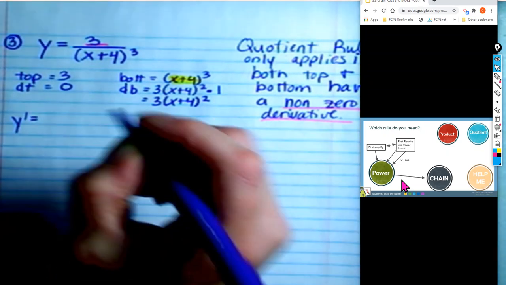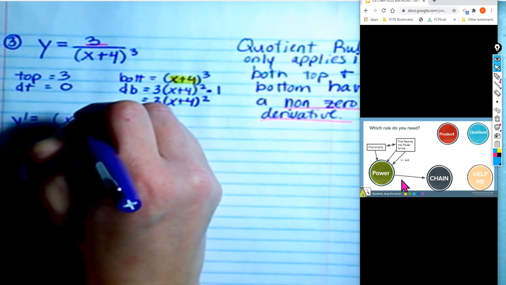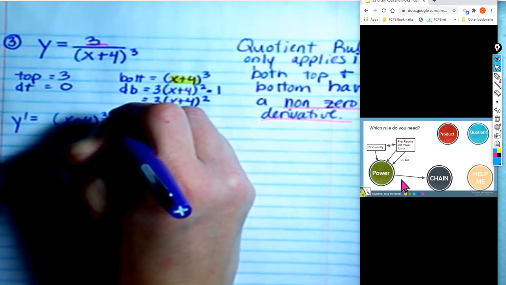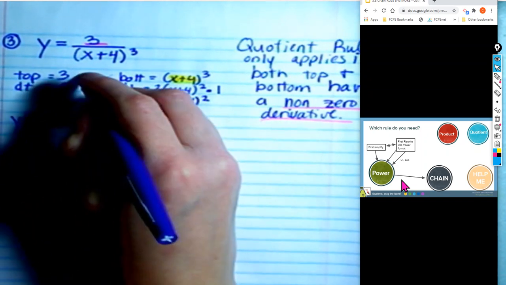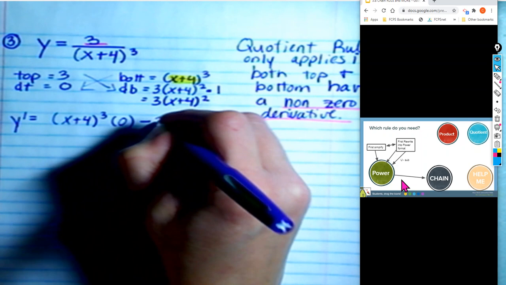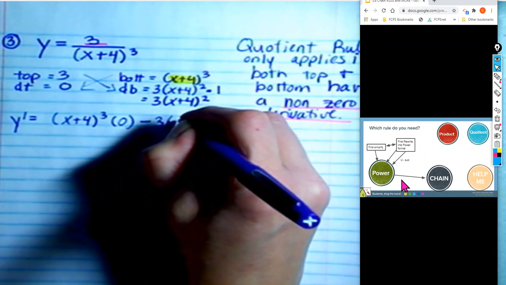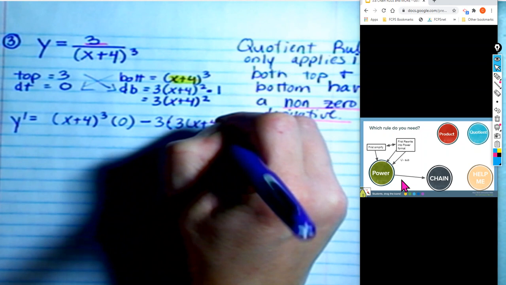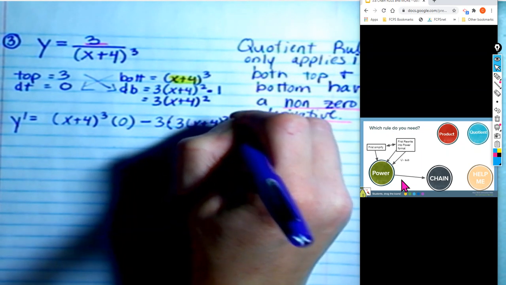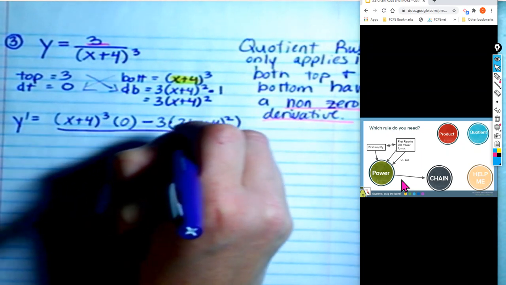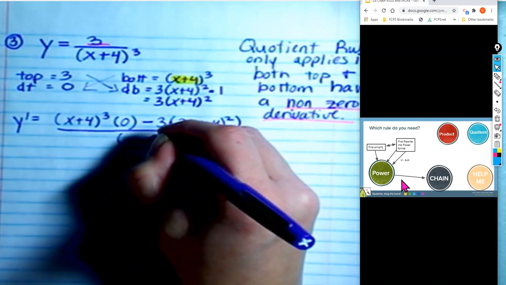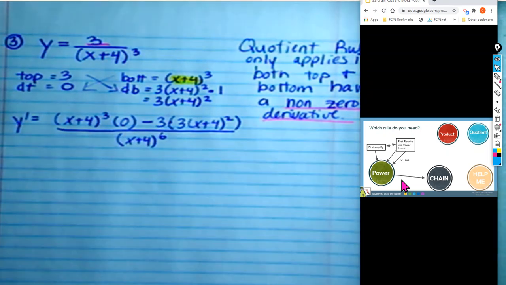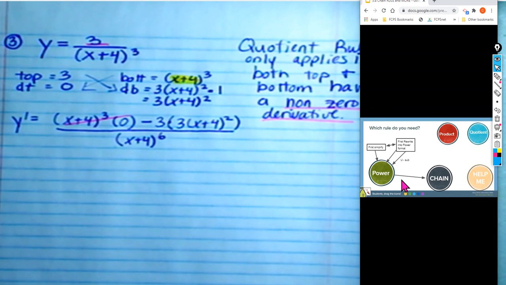The derivative is the bottom times the derivative of the top minus the top times the derivative of the bottom, all over the bottom squared, which is actually a 6 power. Now, right, that's a 0.